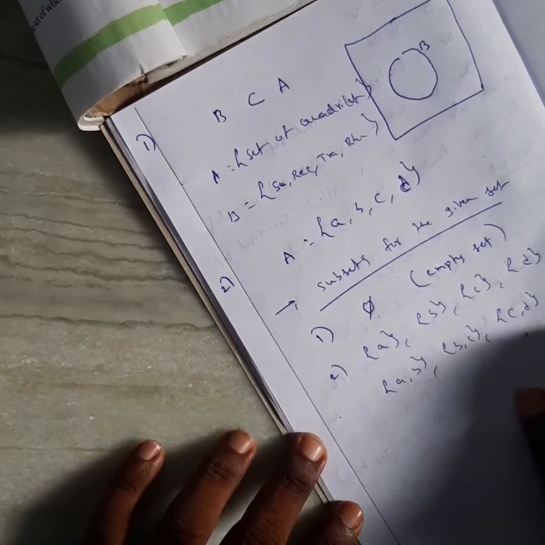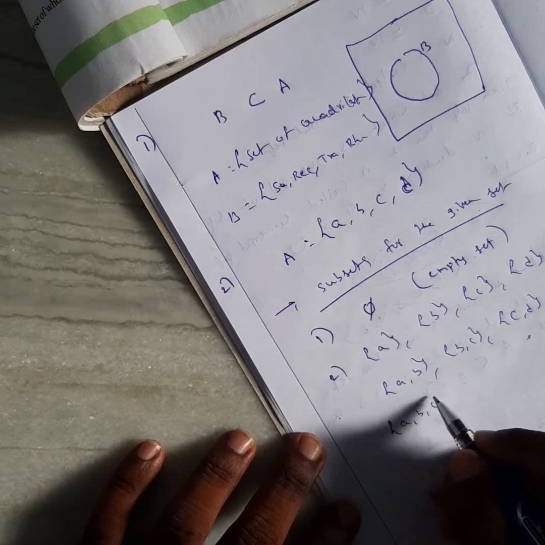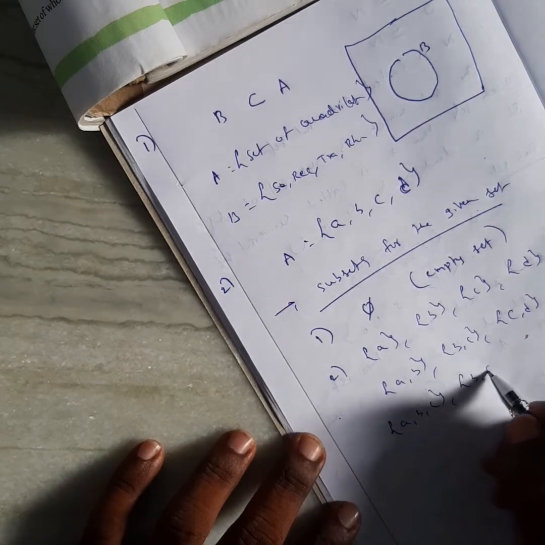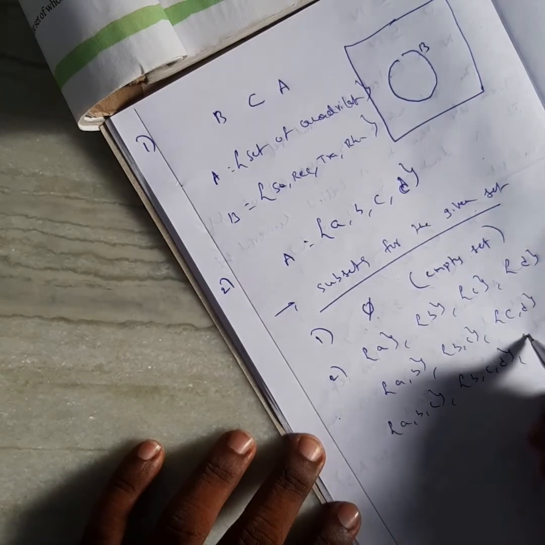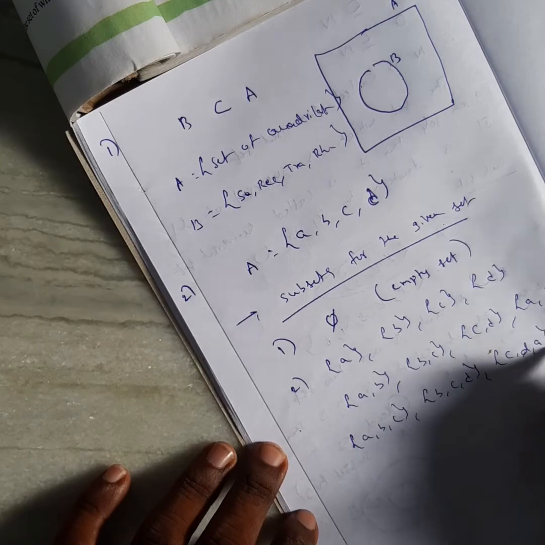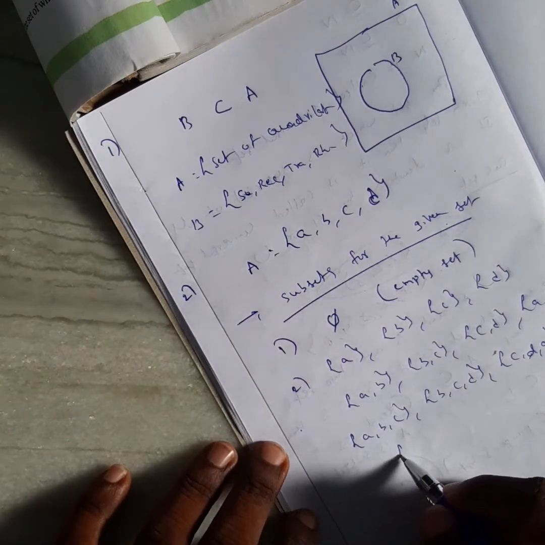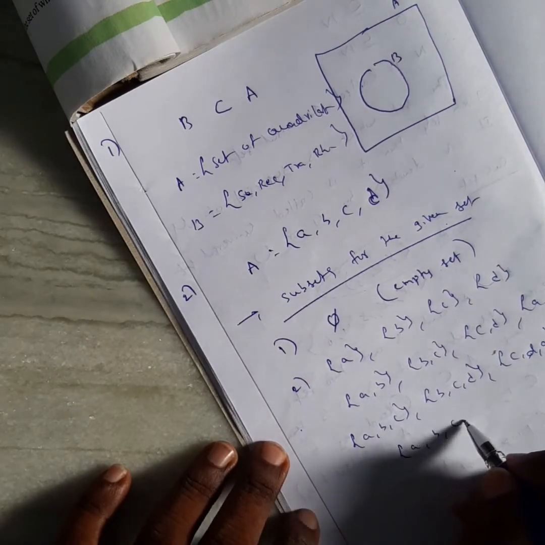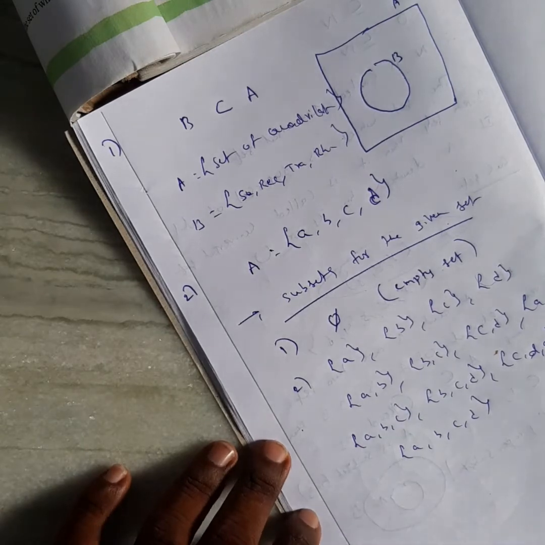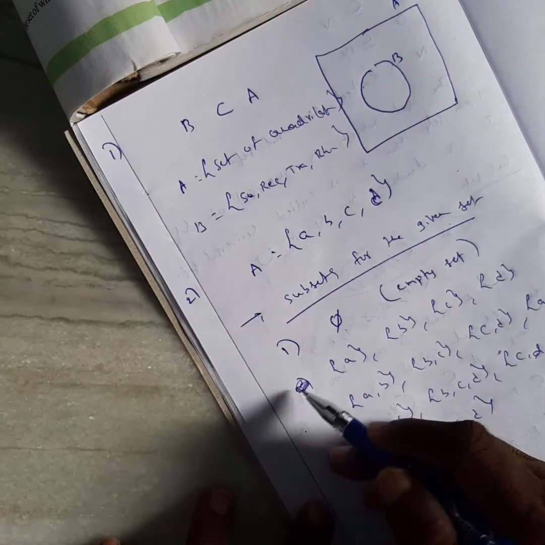Next, three element sets: a comma b comma c, b comma c comma d, c comma d comma a, a comma c comma d. Last, you will get a comma b comma c comma d, the four element set.